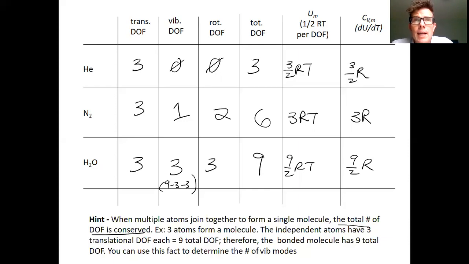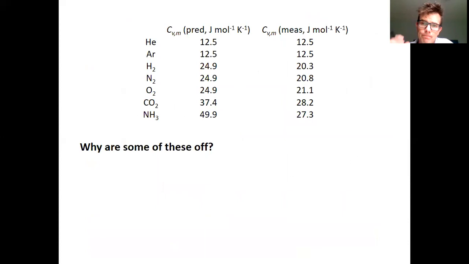One last comment, then I'll let you go. Here's what we predict for different molecules, and here's what we measure for the same molecules in terms of the constant volume molar heat capacity. What do you see?